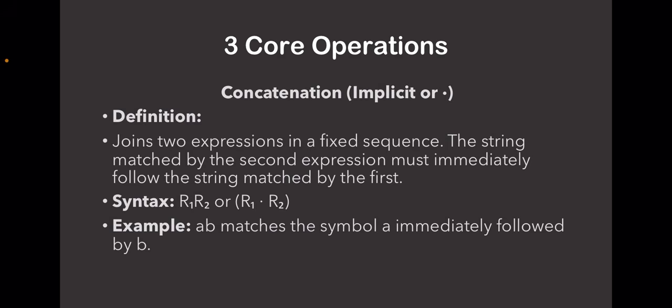So the syntax is that we can either put them in juxtaposition, having our first regular expression and the next, or we can use the dot symbol to show concatenation. An example, AB matches the symbol A immediately followed by B in that order.